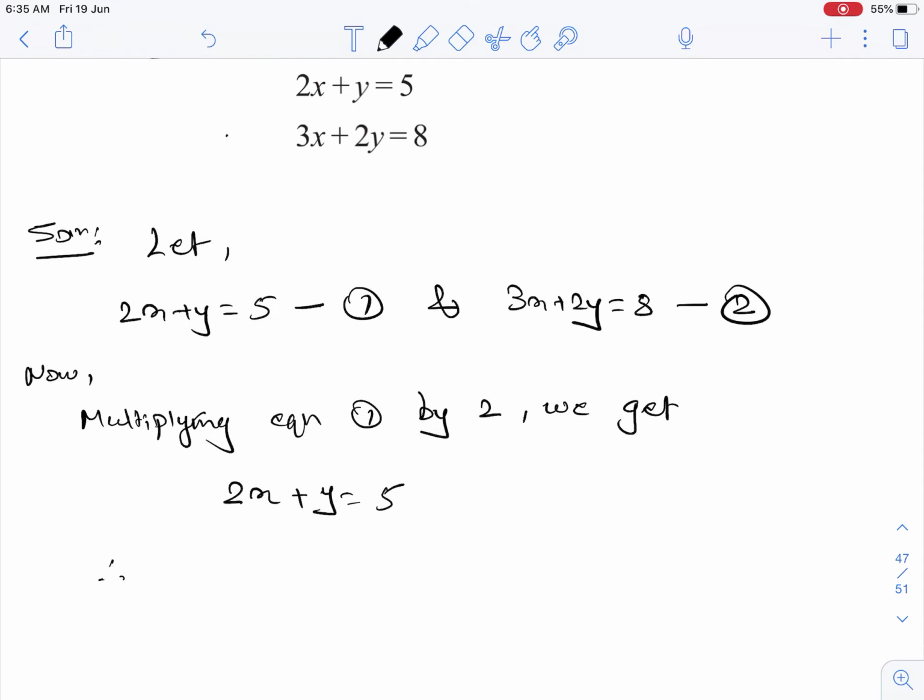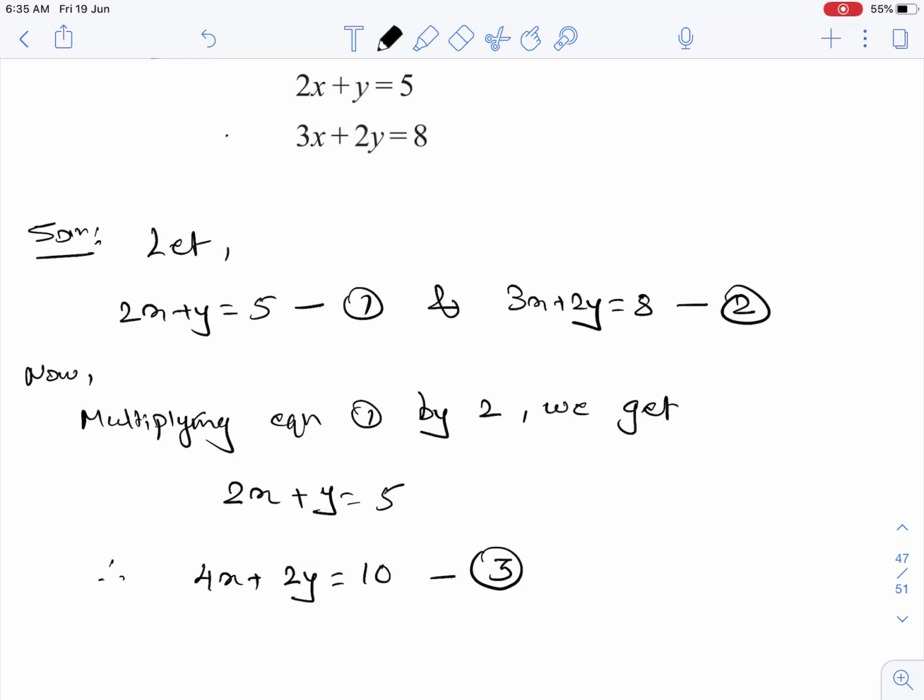Now what we are getting when we multiply it by 2, remember that the 2 will multiply to both sides of this equation, that is to the left hand side, both these terms, and to the RHS also. I am multiplying it directly. Now 2 twos are 4x plus 2y equals 2 fives are 10. Now this is our equation number 3.